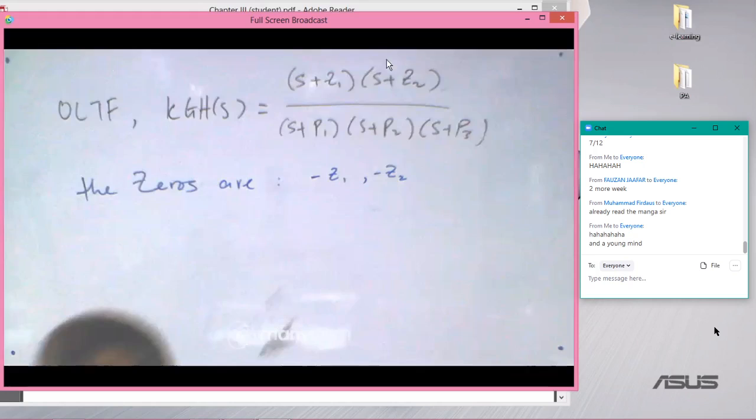Zeros is a special name given to the value of s that will make the value of the numerator equal 0.